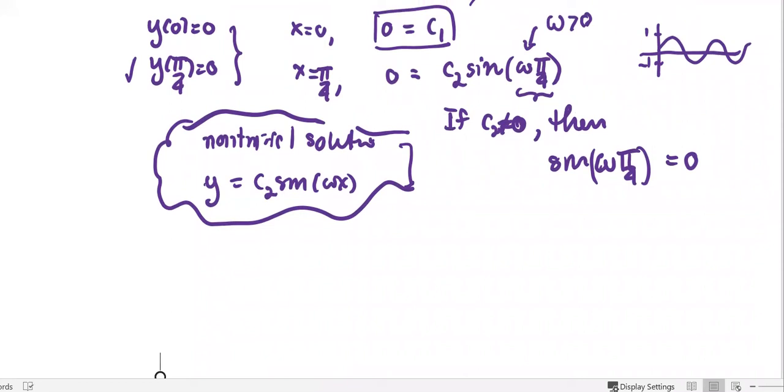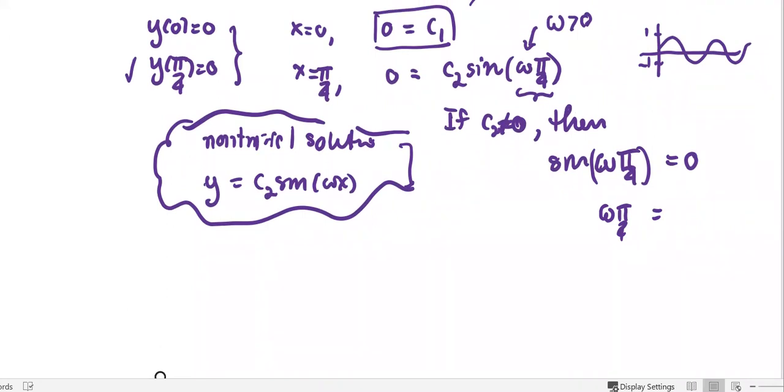Look at the unit circle. Psi of what angle gives us the value 0? It's going to be the angle omega pi over 4 equals n pi, like psi 0, psi pi, psi 2 pi, and so forth, or the multiples of pi.